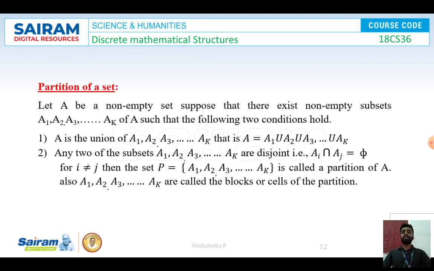The next condition is that any two subsets must be disjoint, that is, Ai intersection Aj must be equal to the null set for i not equal to j. Then the set P equal to {A1, A2, A3, ..., Ak} will be called a partition of A.